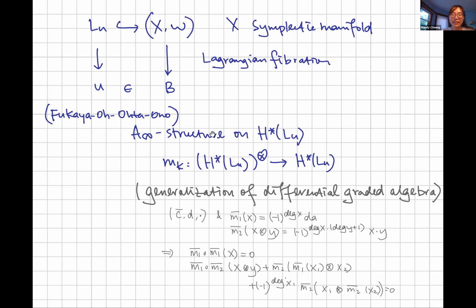This A infinity structure is the generalization of a differential graded algebra, where you have the algebra with the grading, which I can define m1 bar, m2 bar like that. Then one can do the composition between m1 and m2, and we can see m1 squared is 0, and we have all these relations. Those are the relations that the m_k should satisfy. But at the end, I just want to say there exists an A infinity structure on this cohomology group.